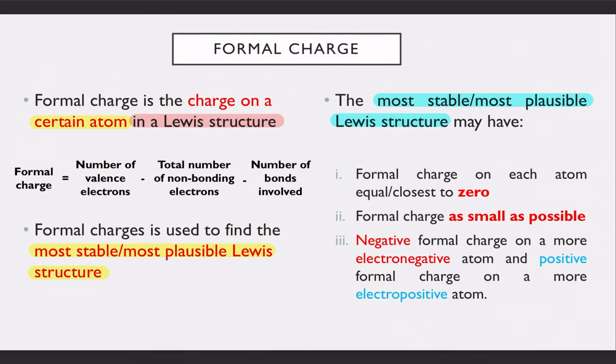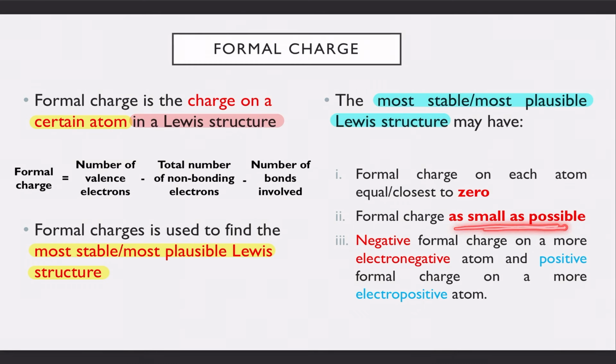So how do we know whether your Lewis structure is the most stable and most plausible? We look at the formal charge on each atom. If the formal charge on each atom is equal or closest to 0, that is a win situation for your Lewis structure, it is the most stable. Next, your formal charge should be as small as possible.